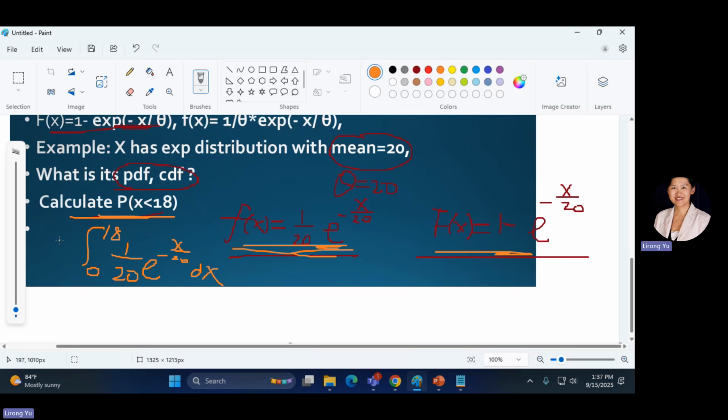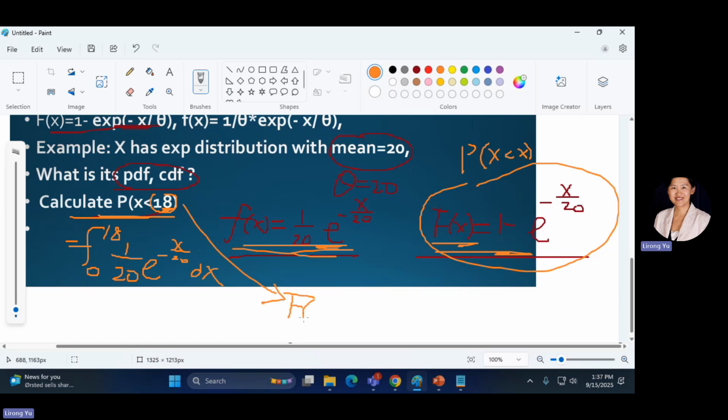So that's the calculation for the probability. Or you can use this one, because this one already represents the probability of the random variable to be less than x. Now you have less than 18, all you have to do is put in 18 into this. So you can calculate this simply by F of 18.